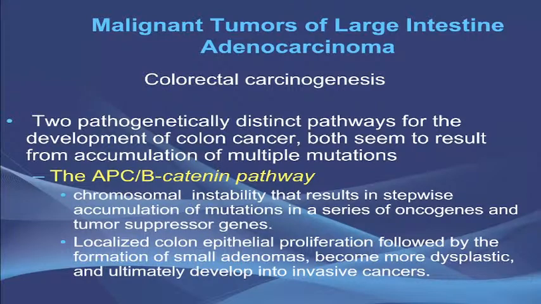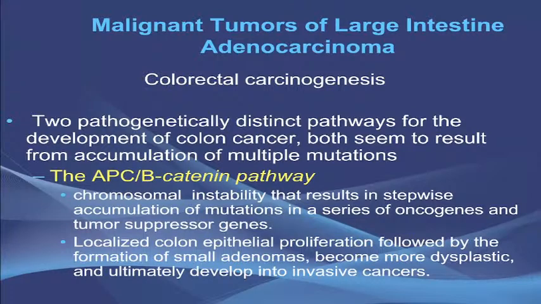The first one is the APC beta-catenin pathway, and there's chromosomal instability that results in stepwise accumulation of mutations in a series of oncogenes and tumor suppressor genes.